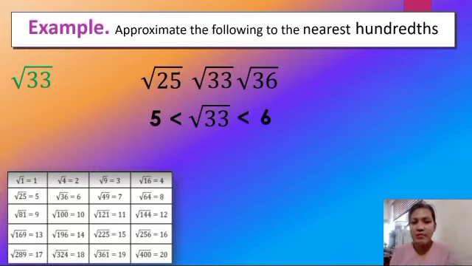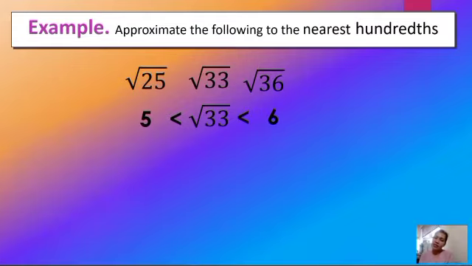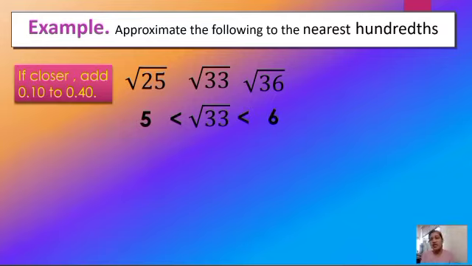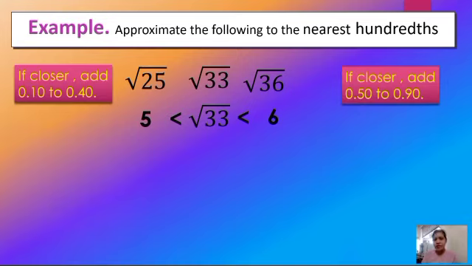So, ulit, mas mataas siya ng konti sa 5, pero hindi siya lalampas kay 6. So, paano natin ma-estimate? Again, analyze natin kung saan mas malapit si 33. Kay 25 ba o kay 36? So, syempre kay 36 kasi tatlo lang yung difference dito, medyo malayo. So, ito yung gagamitin nating mga additional sa decimals natin.